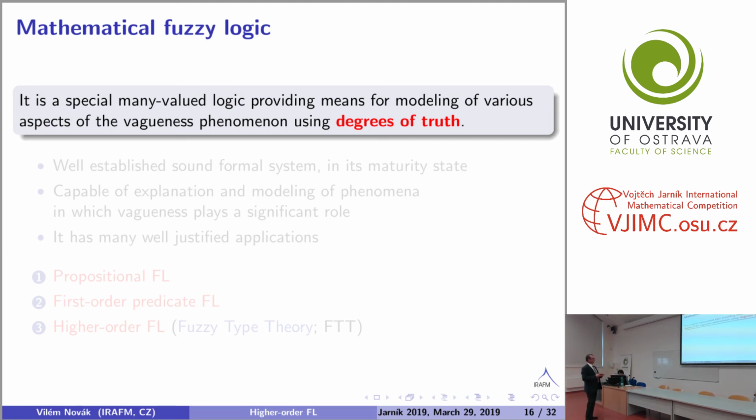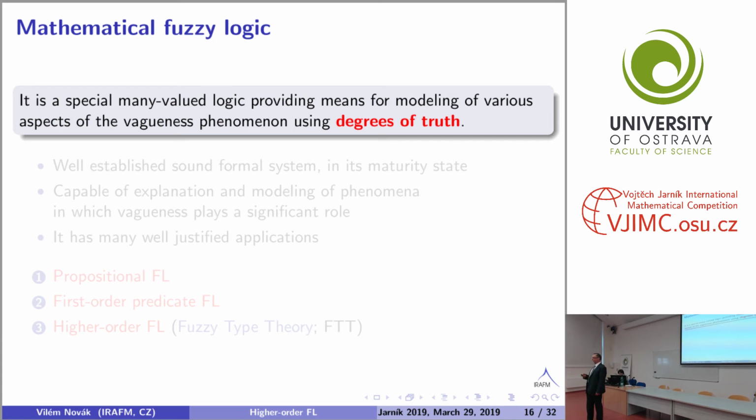Now about mathematical fuzzy logic, which is another theory which is able to model the phenomenon of vagueness, and the principal concept is the concept of fuzzy set, which I have already mentioned. It is a special many-valued logic which provides means for modeling various aspects of vagueness phenomenon using degrees of truth. I have already said that.